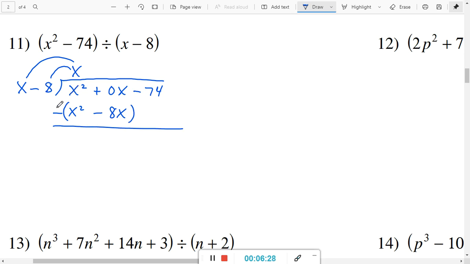All right, so x squared minus x squared is just 0. And 0x minus negative 8x, that's the same as positive 8x, right? So 0x plus 8x is just going to be 8x. Bring down the negative 74. Just bring down the next term. All right, and you can ignore the 0.